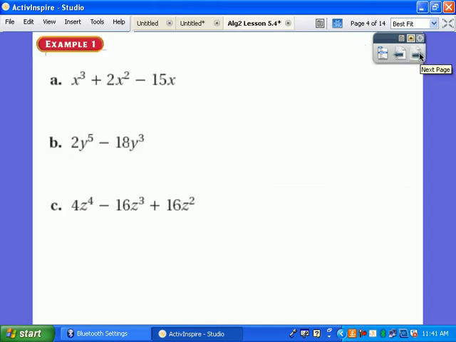Okay, so here are a couple problems for us. The first problem, I see that every term has an x in it, so I can factor out an x. That gives us x squared plus 2x minus 15.